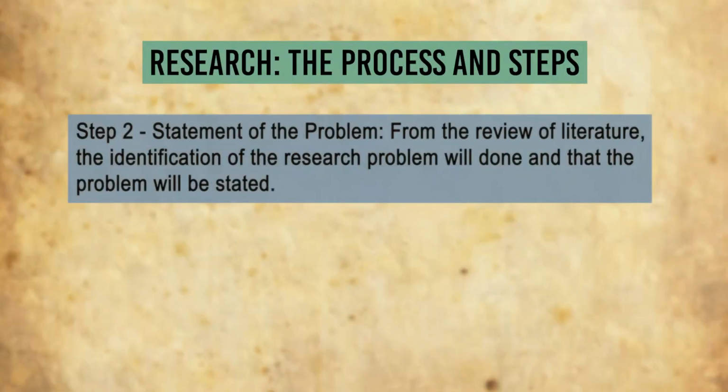Step 2, it is the statement of the problem. When we review our literature, we will find that there are certain gaps in the existing literature. There is no such topic which has been researched completely and there is nothing more left to research about. In every research topic, there is significant scope to research further.